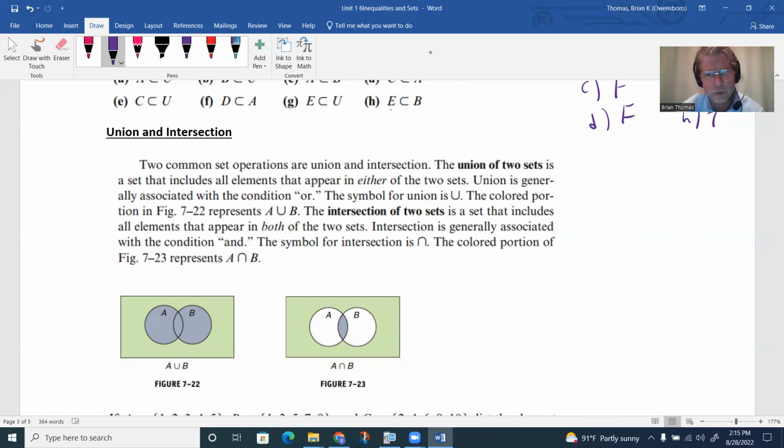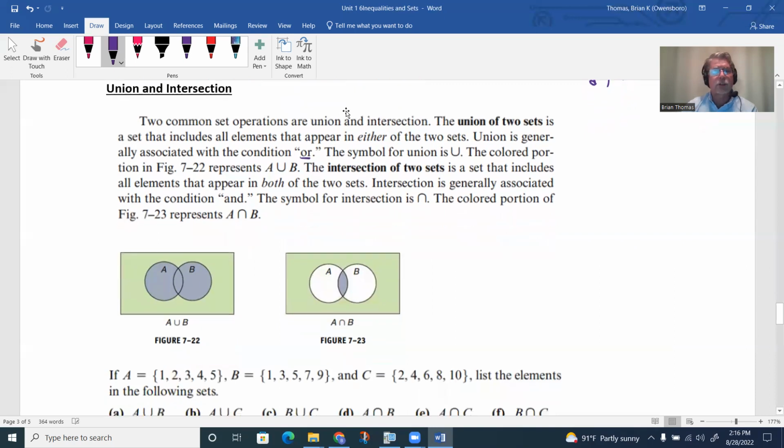So union kind of puts both of them together. Also, as we said, union is associated with or. So you don't have to be in both sets at the same time to be true. You just got to be in one of those sets to be true.